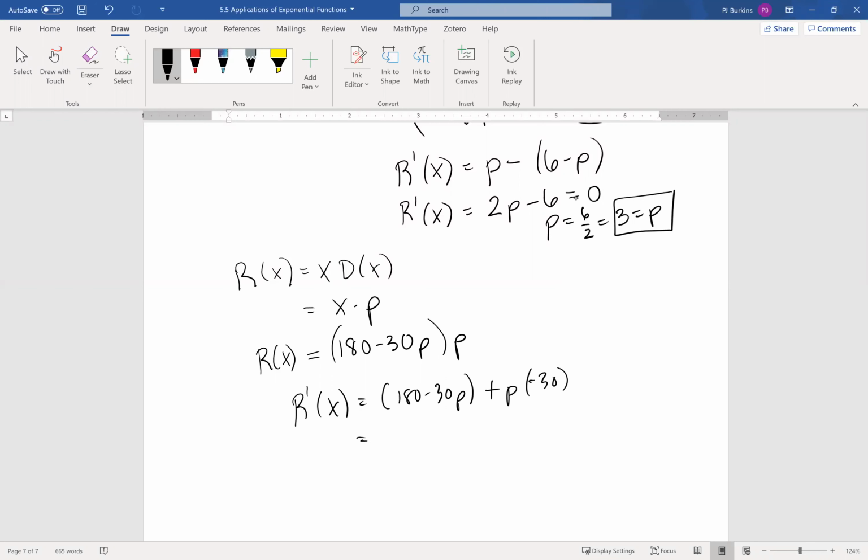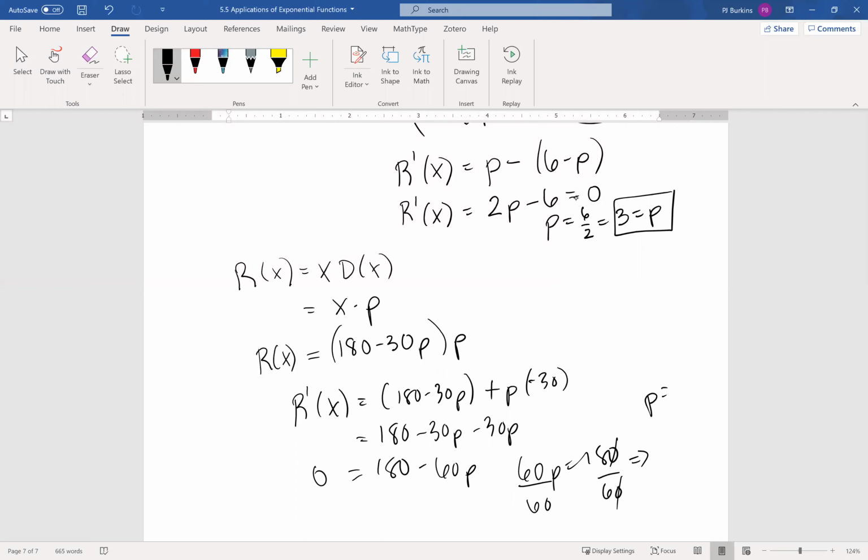So this is minus 60p. We want this to be 0. 60p equals 180. Divide through by 60. So p equals 18 over 6.